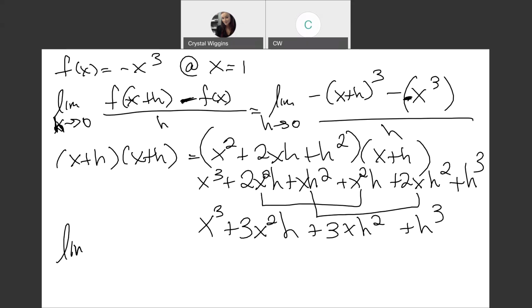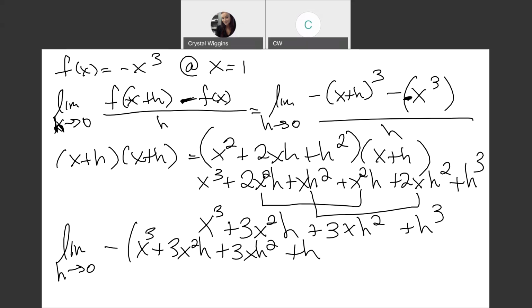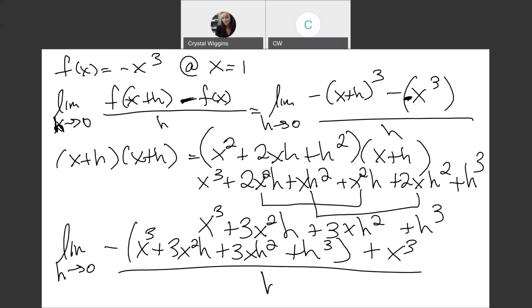So we have the limit as h approaches 0 of negative x cubed plus 3x squared h plus 3xh squared plus h cubed minus a negative x cubed, giving us plus x cubed, all over h.